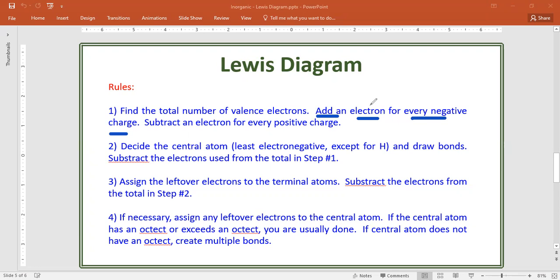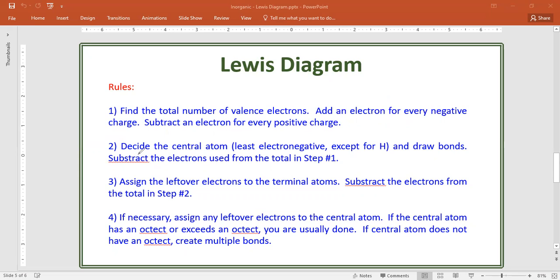So for that, an electron is added, and an electron is subtracted for every positive charge. In the example of silicon tetrafluoride, silicon is going to be the positive charge, so the electron is going to be subtracted from that. That is the meaning of this point.